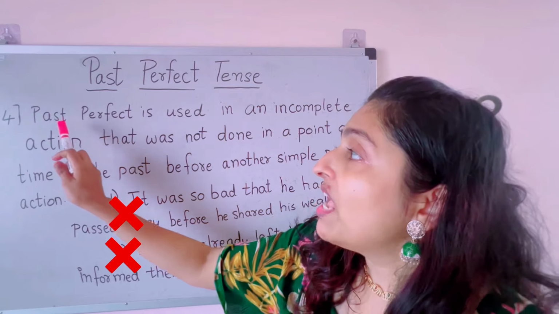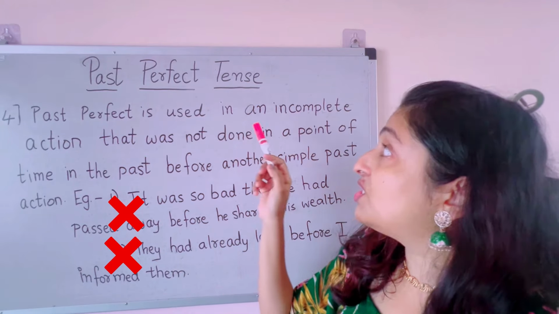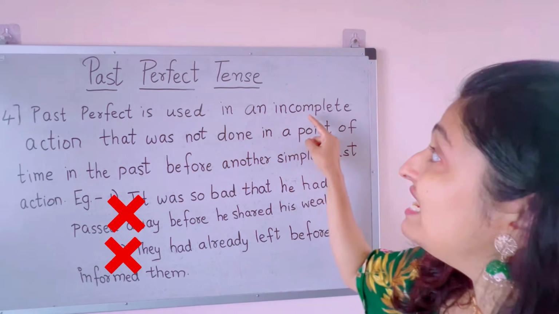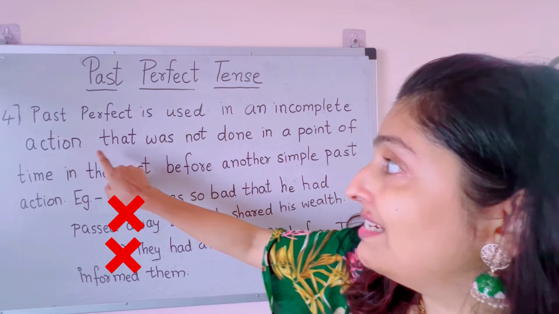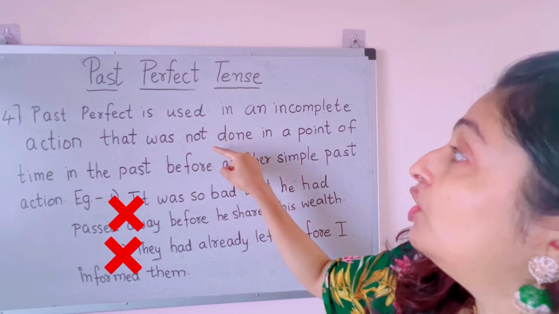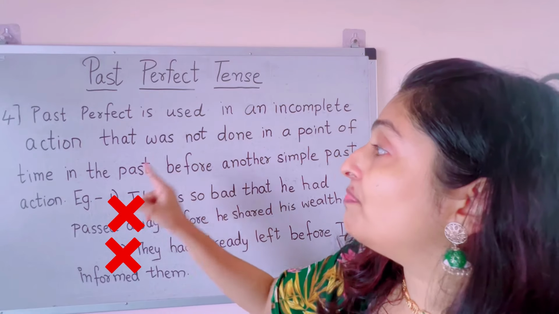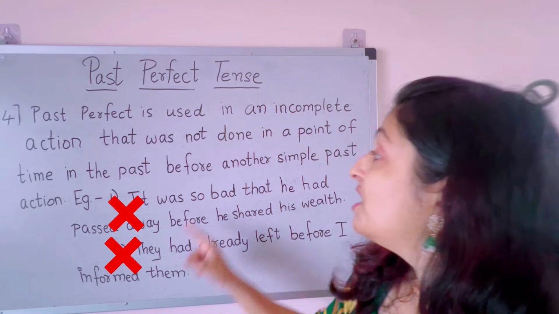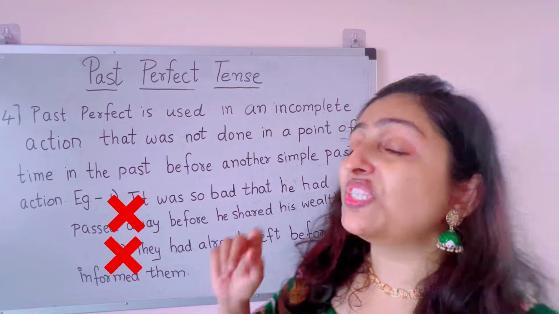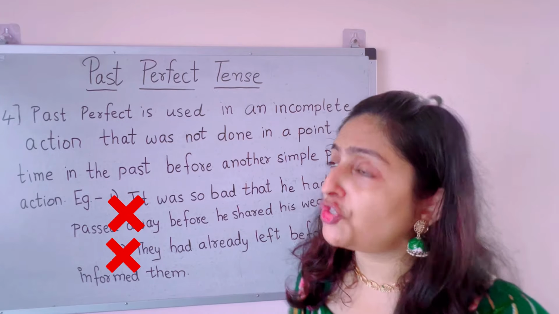Rule number 4: past perfect is used in an incomplete action that was not done at a point of time in the past before another simple past action.